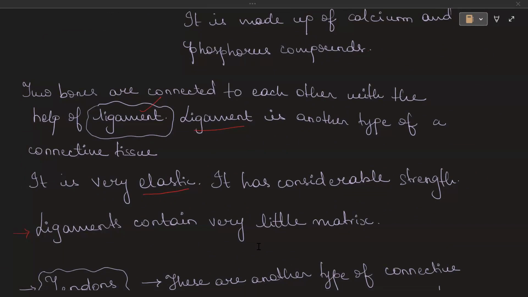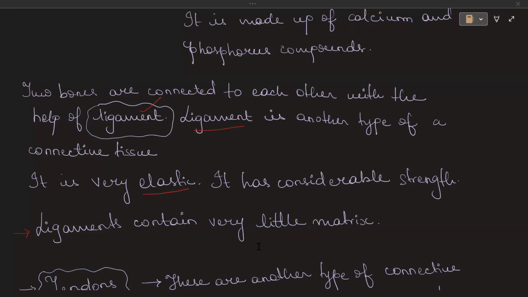So, the bones are actually connected to each other with the help of ligament. Okay, a ligament is another type of connective tissue. You must remember that the ligament is responsible for attaching two bones together or connecting them together. Is it clear? Yes, ma'am. Which is that connective tissue that attaches two bones together?